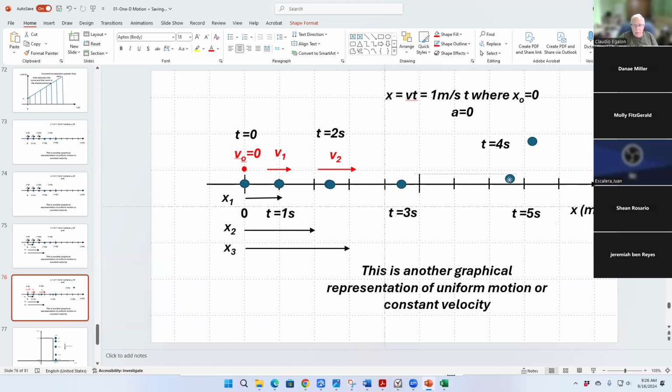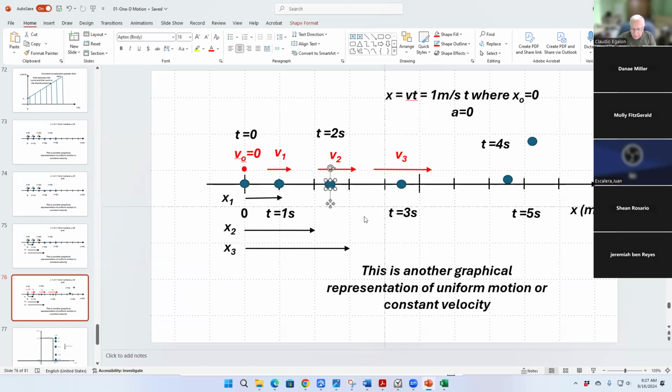This one moved a little bit more to the right. And here we are going to have V3, and this arrow should become longer. Do you see what's happening here? It means that the velocity is increasing. That's what this longer arrow means. The object is still moving to the right, but it's moving to the right at a higher velocity.